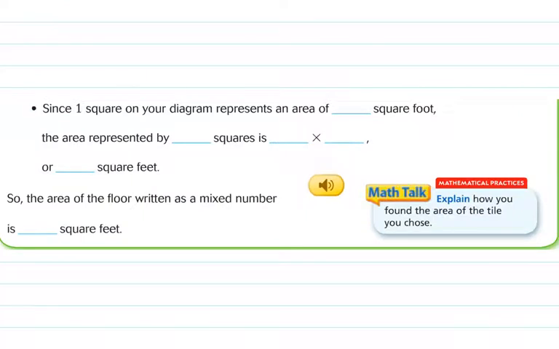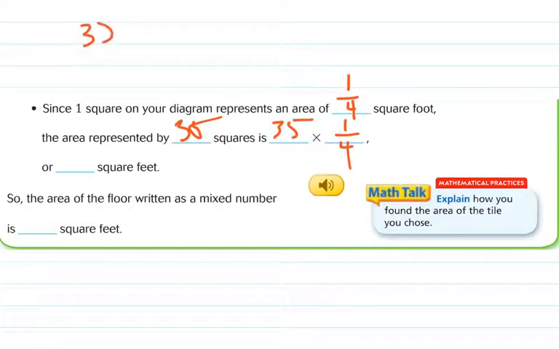So we go on to the next problem where it says, since 1 square on the diagram represents 1/4 square foot, the area represented by 35 squares is 35 times 1/4.